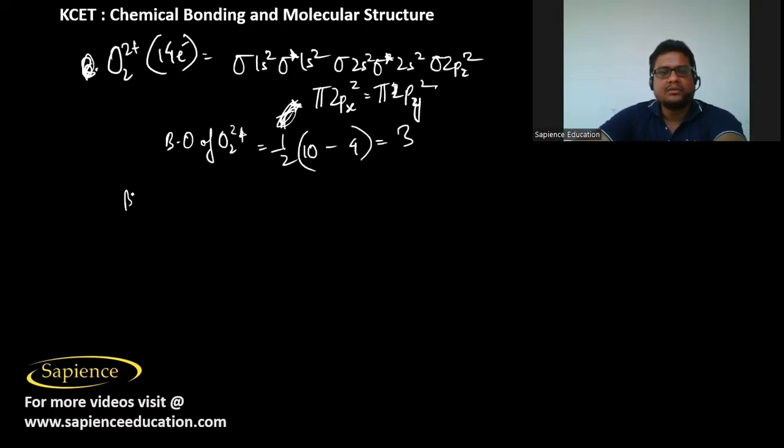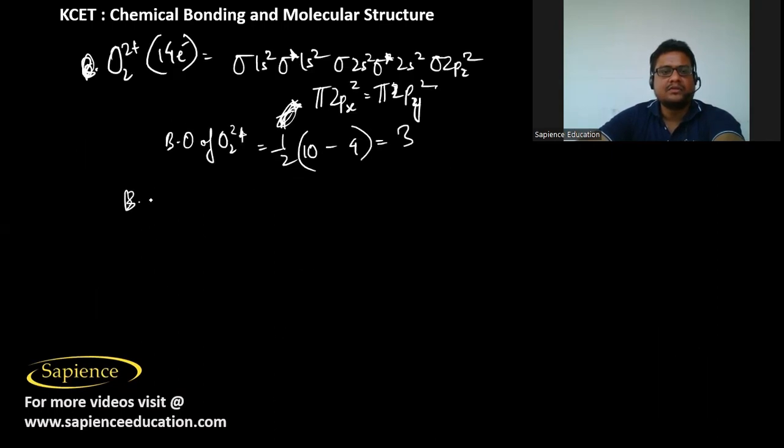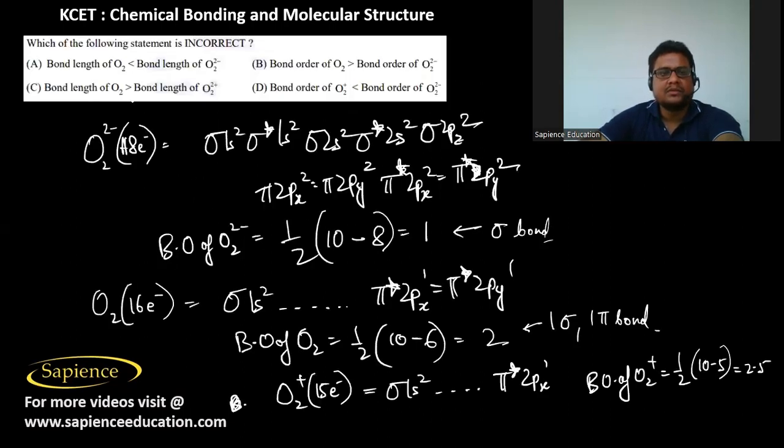Here it is asked which statement is incorrect. As we know, when bond order increases, the bond length decreases. Now it is told the bond length of O2 is less than the bond length of O2 2 minus.